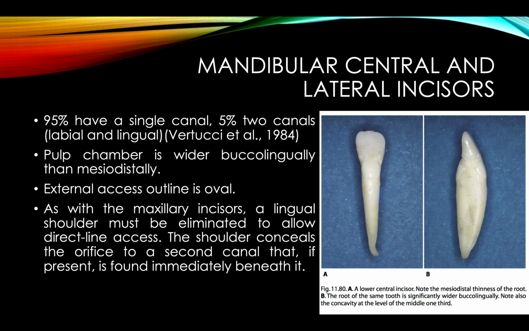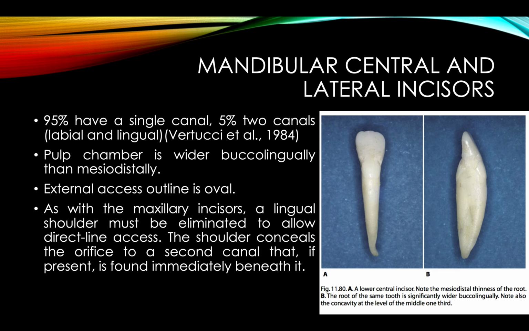in a buccolingual direction. The entry point again will be in the middle of the lingual surface of the mandibular incisor, using a small round bur perpendicular to the lingual surface of the tooth, and then we extend it buccolingually, trying to preserve the incisal edge and the cingulum as much as we can.